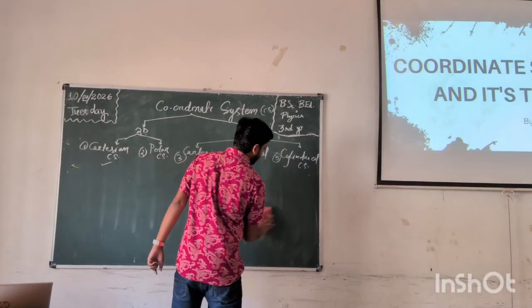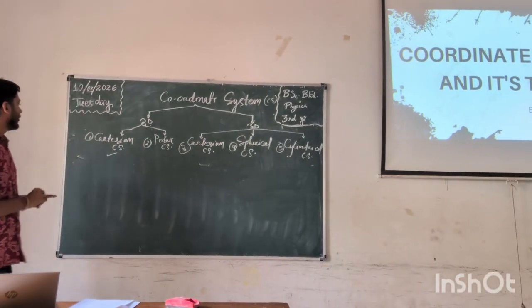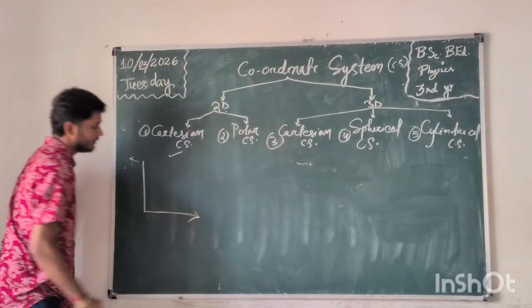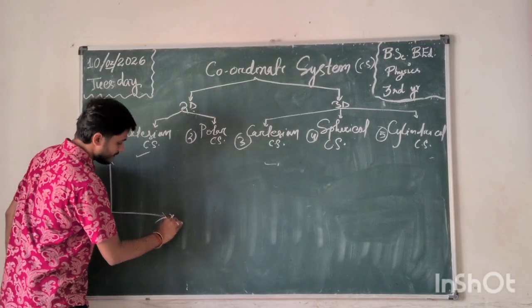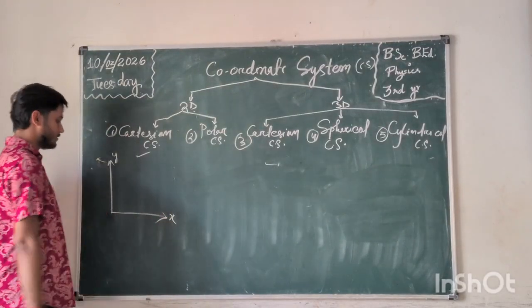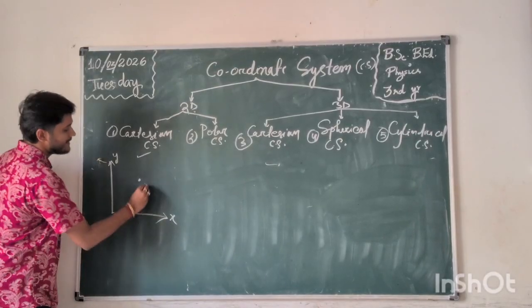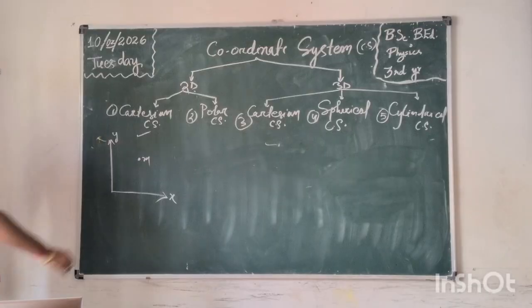Suppose first I am talking about the Cartesian coordinate system. I already discussed it in 2D. 2D means two axes are there. This is the x axis, this is the y axis. Suppose I am taking an object which has mass m. What are the coordinates of this object?